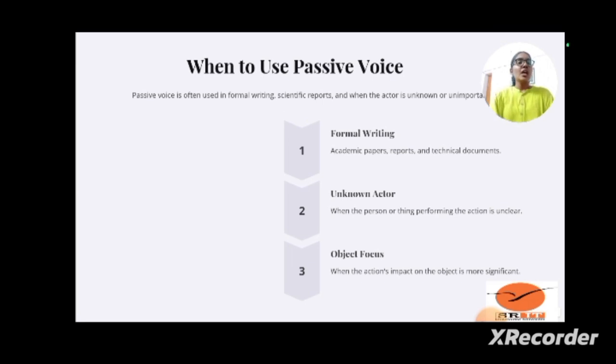Well, passive voice is needed for formal writing, as we have mentioned before, and if the actor or the subject is unknown, we can use it. Or if we want to give less importance to the subject, we can also use the passive voice. And also, if we want to focus on the object or the action performed, we will use the passive voice.